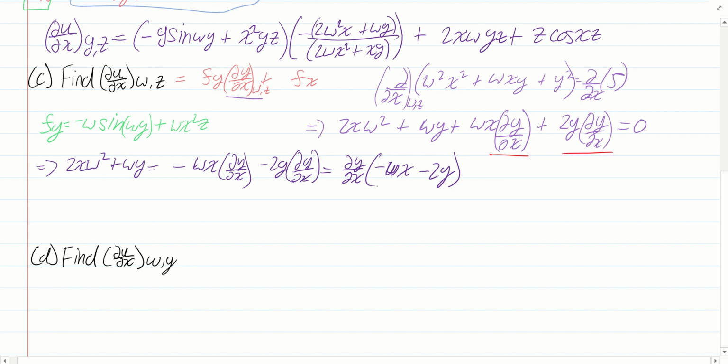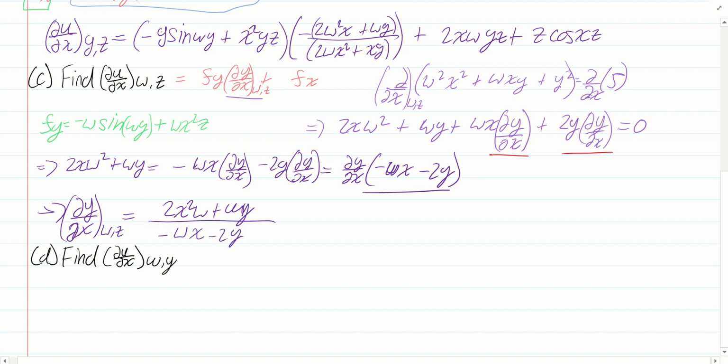And then I can divide this term to the other side, leaving we have partial of y with respect to x, holding w and z constant, to equal 2x squared w plus wy over negative wx minus 2y.